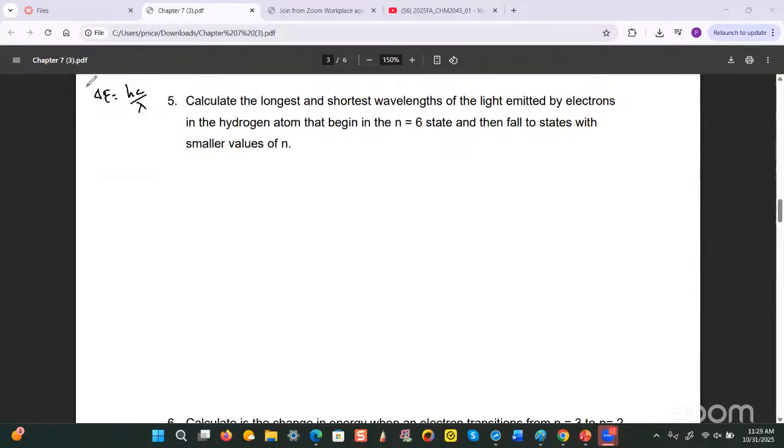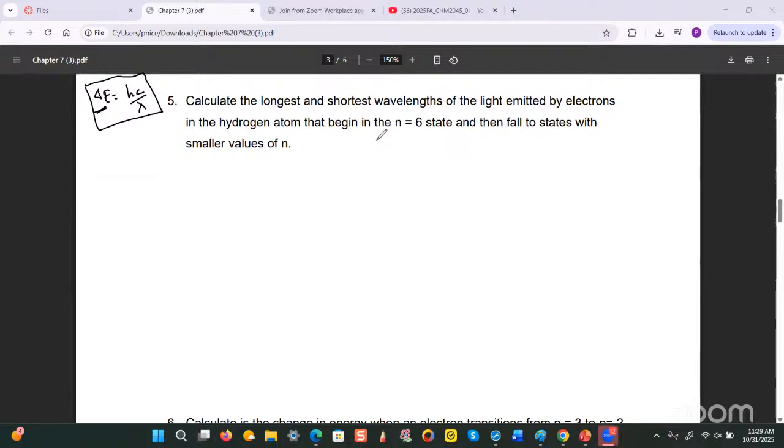One important observation is that there's an inverse relationship between the change in energy and the wavelength associated with that change, right?